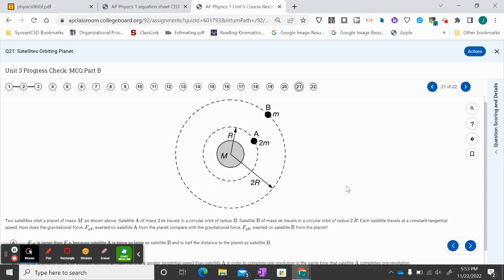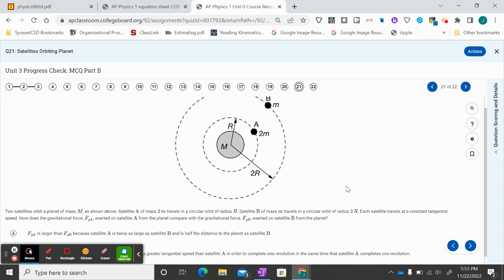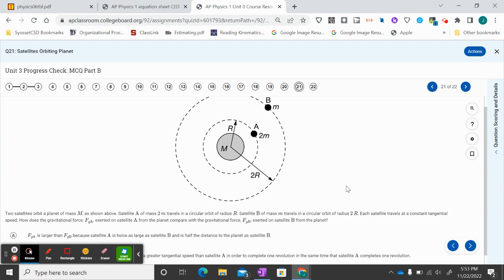It's asking how the gravitational force between A and the planet compares to the gravitational force between B and the planet. So we need to figure out which one is greater, which one's lesser.